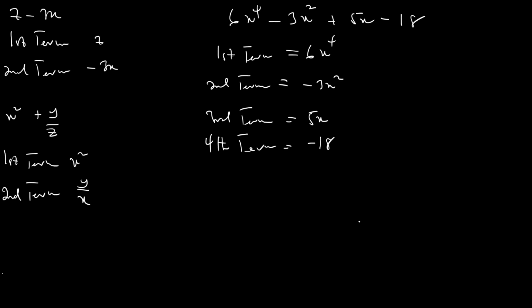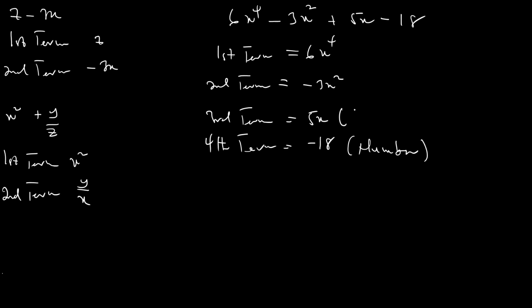A term can be described as what? A number. A term could also be the product of a number and variables. Here we have 5 times x, where x is a variable which represents a numeric value.